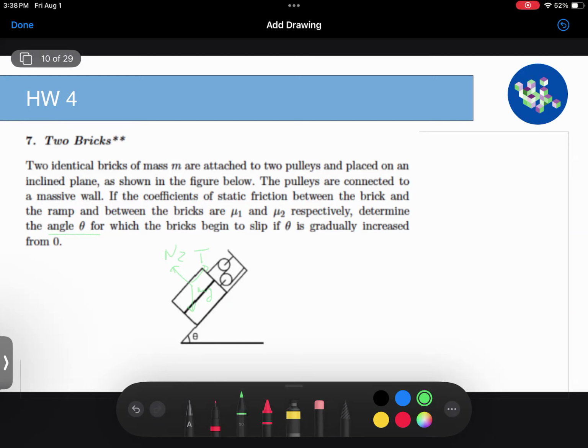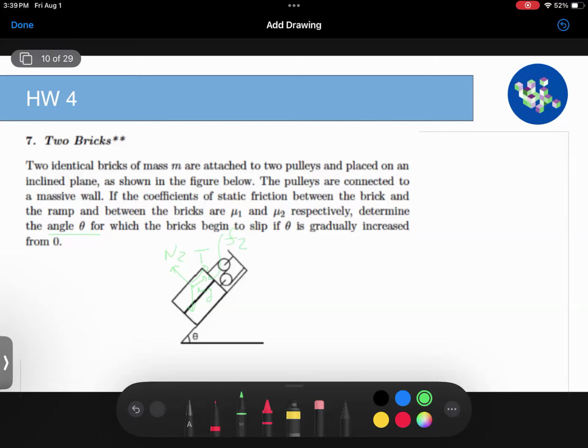And as theta increases, mg has a component that points down the ramp. So if we keep increasing theta and we want to find the maximum theta for which it will stay under static equilibrium, then we want the static friction force between the two blocks to point up the ramp, because that means we can make theta as large as possible before it starts slipping. So let me call that F2. I know it's a bit far, so we'll call that one F2 over there.